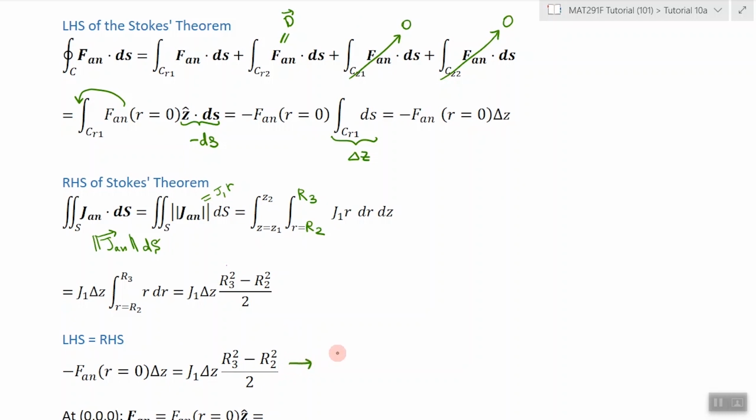From this, we get that the z component of F annulus at r equals 0 is equal to, after we cancel this, negative J1 times R3 squared minus R2 squared over 2.